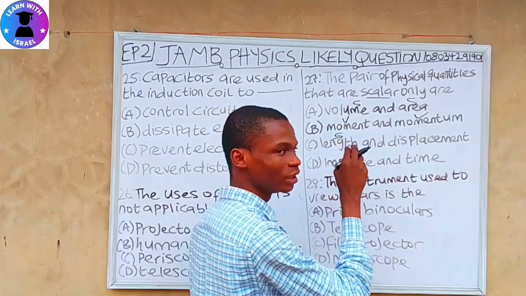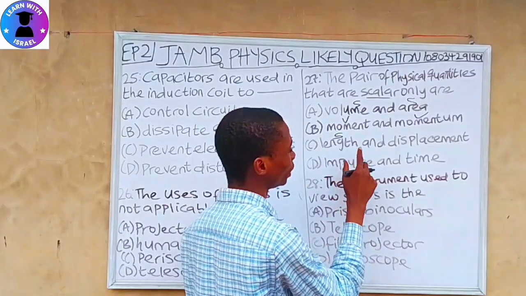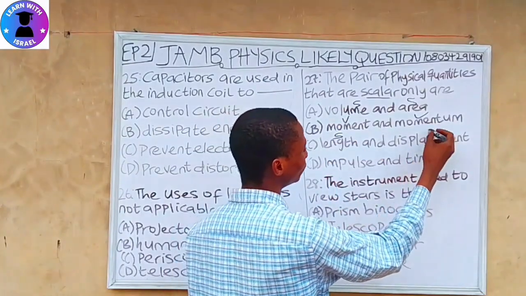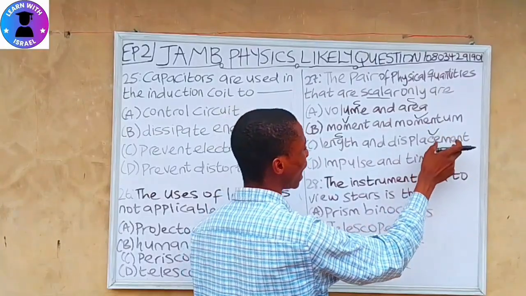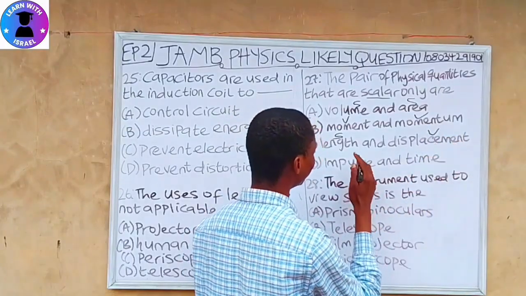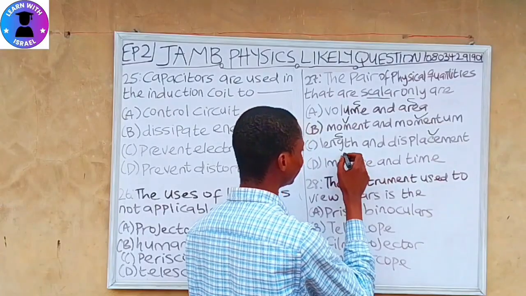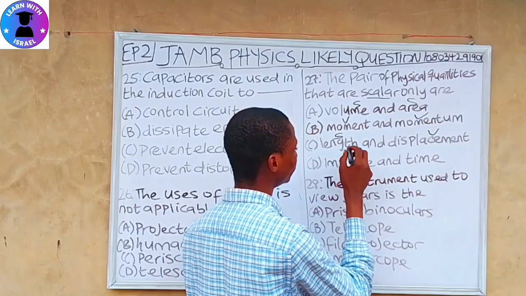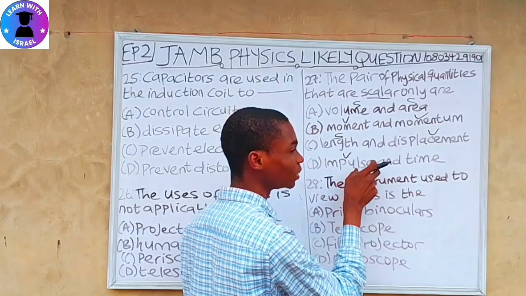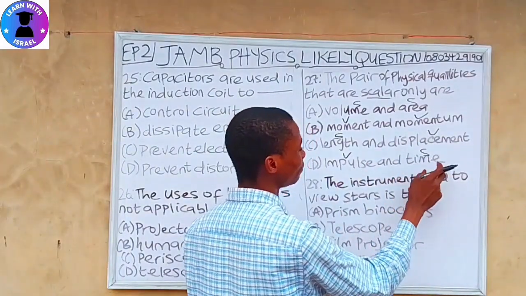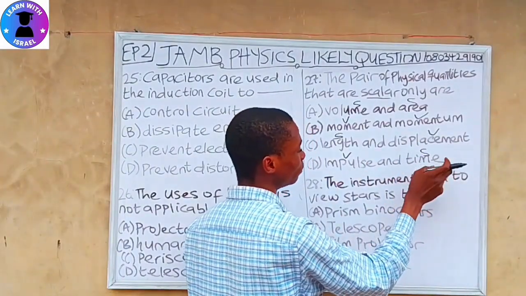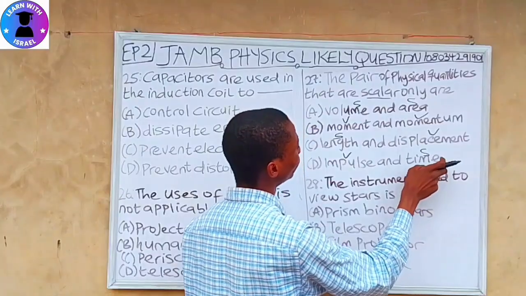Length has only magnitude but no direction, while displacement is a vector quantity. Displacement has both magnitude and direction. And impulse is a vector quantity. Impulse has both magnitude and direction, while time is a scalar quantity. Time has only magnitude but no direction.